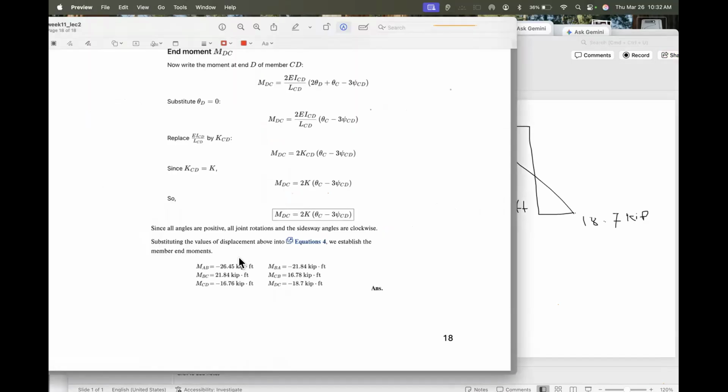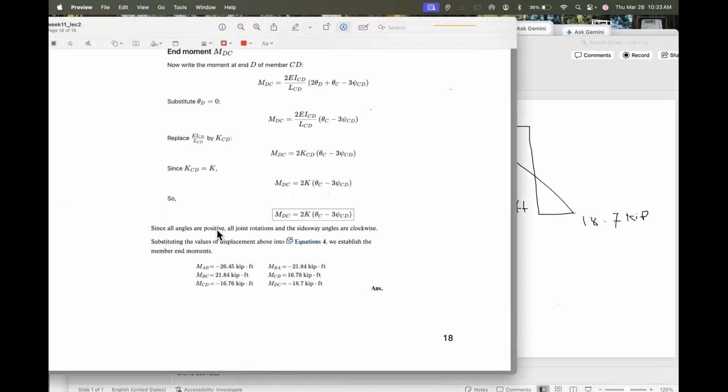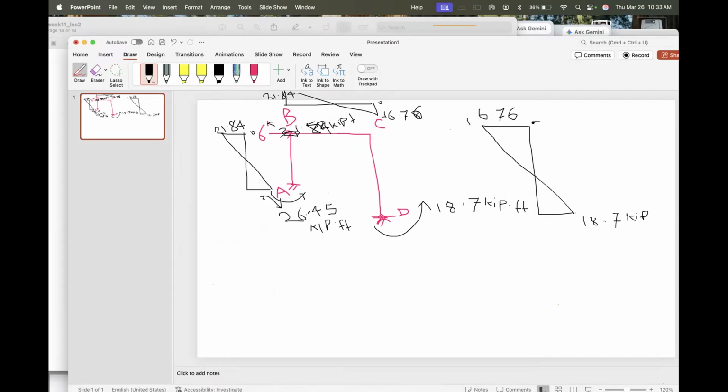So here it's not 8, it's 7. 16.76 kip-ft upward. It goes and then goes down, minus, right? Then it will go to 0.